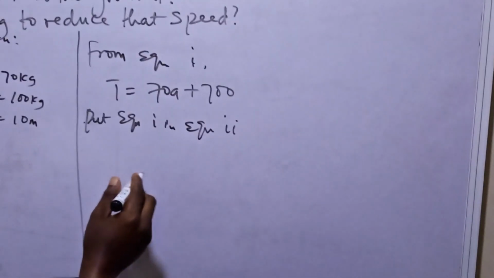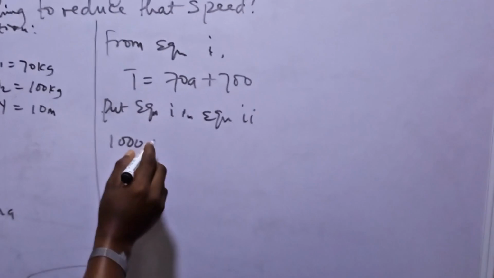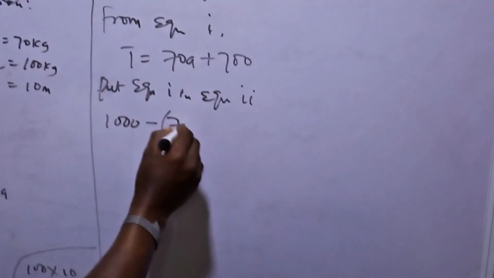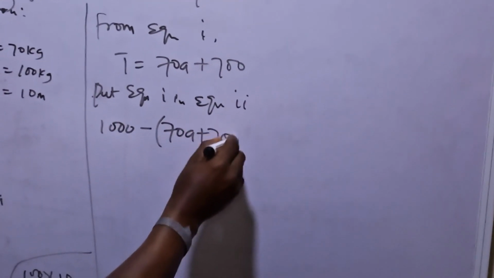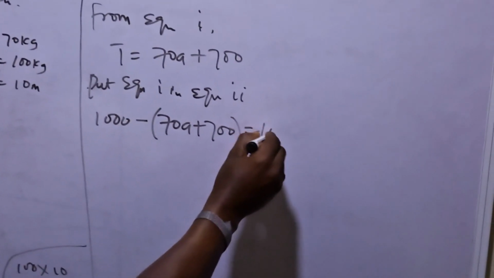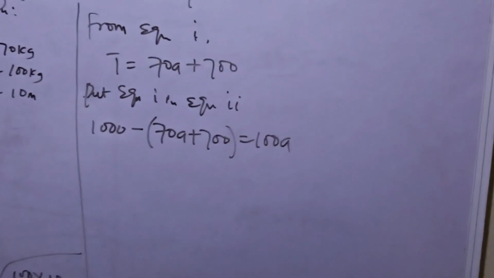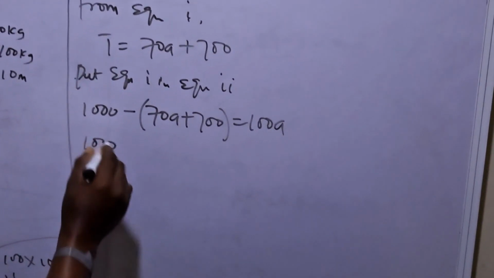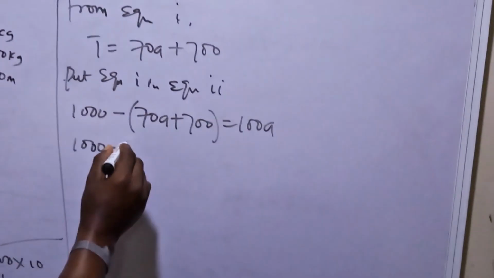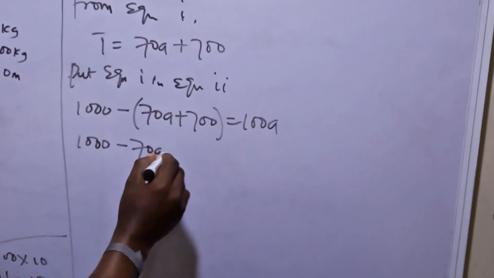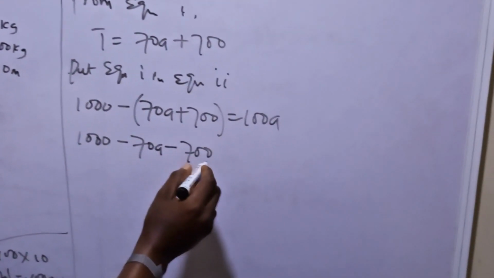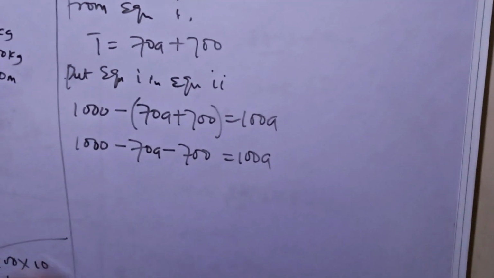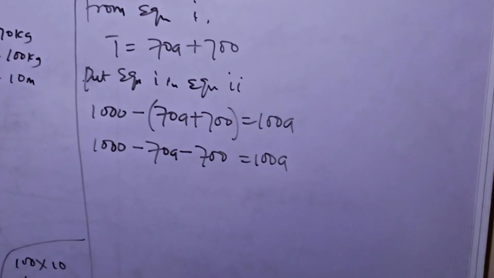We will have 1000 minus (70A plus 700) equals 100 times acceleration. Opening the bracket, 1000 minus 70A minus 700 equals 100 multiplied by A.